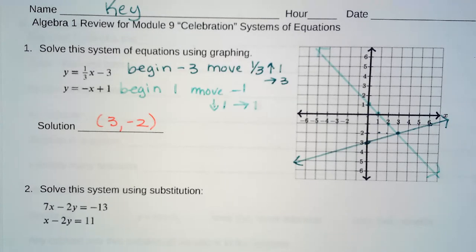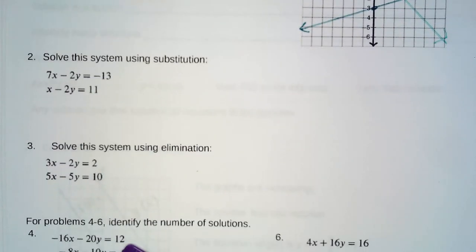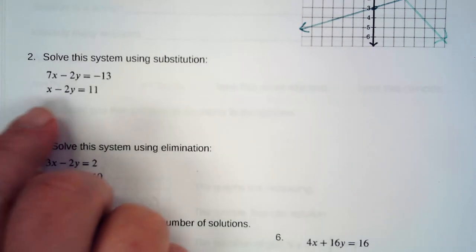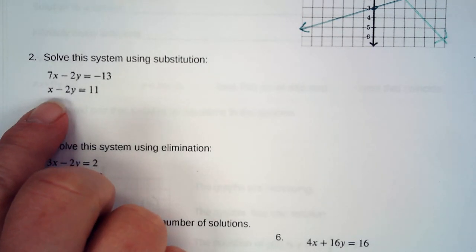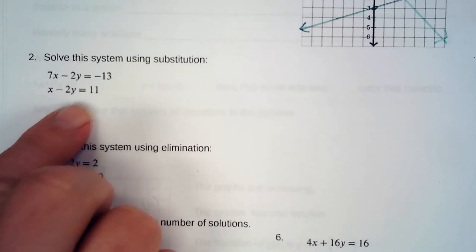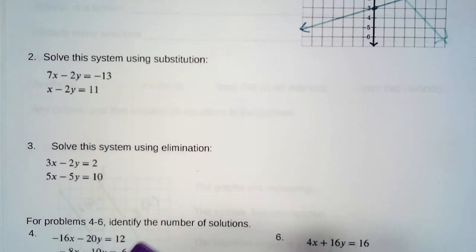For the next one, we're going to use substitution. Once again, it requires that you think. If I want to solve for x or y, it's definitely easier to do it on the second one, and that would be to solve for x.